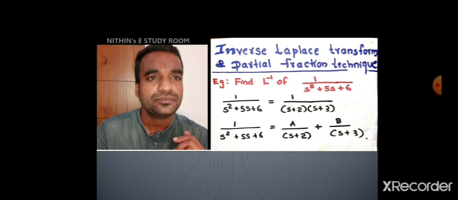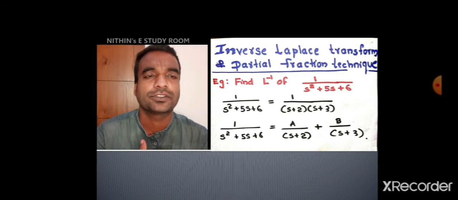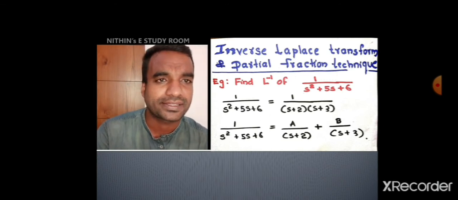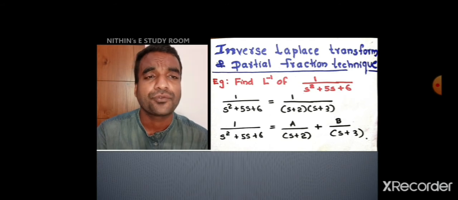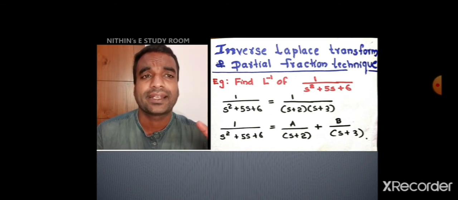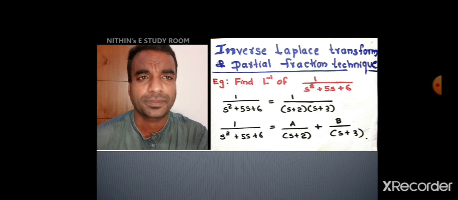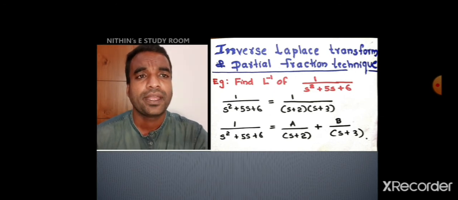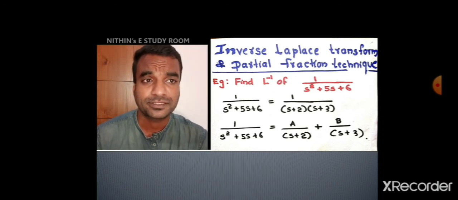Okay. So 1 by s square plus 5s plus 6. If you are factorizing it, we will get 1 by s plus 2 into s plus 3. So by using the partial fraction technique, I can rewrite it as 1 by s square plus 5s plus 6 is equal to a by s plus 2 plus b by s plus 3.